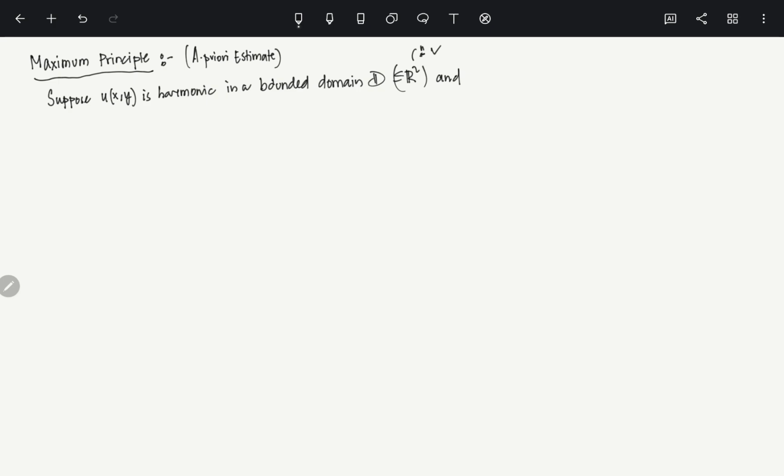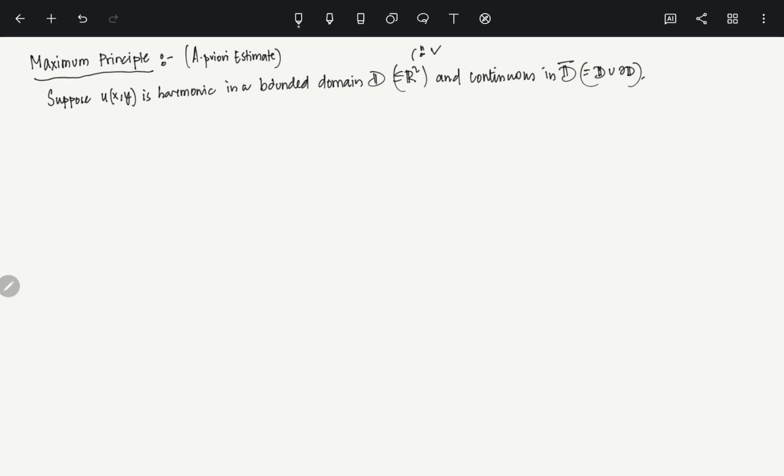And u is continuous in D bar. What is D bar? D bar is D union the boundary of D, so basically up to the boundary.